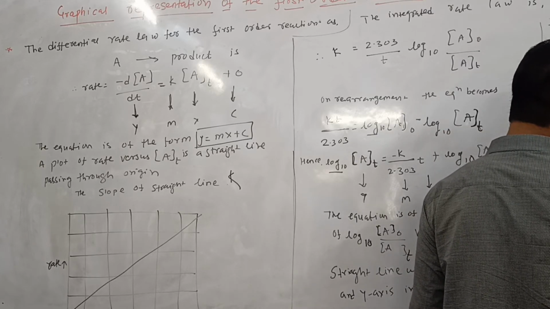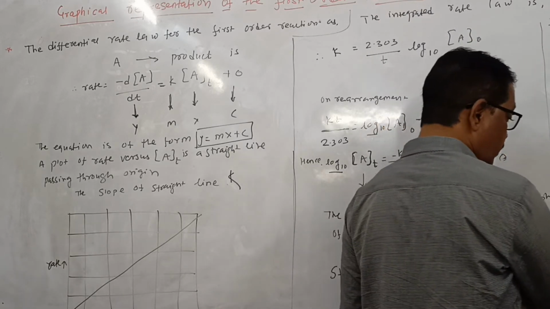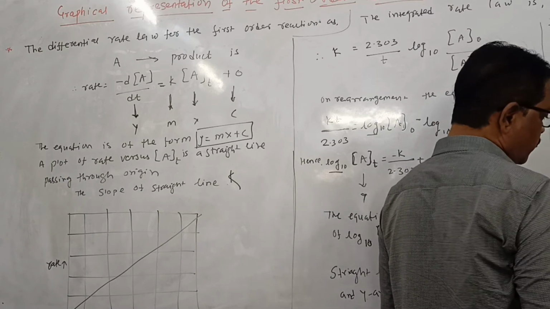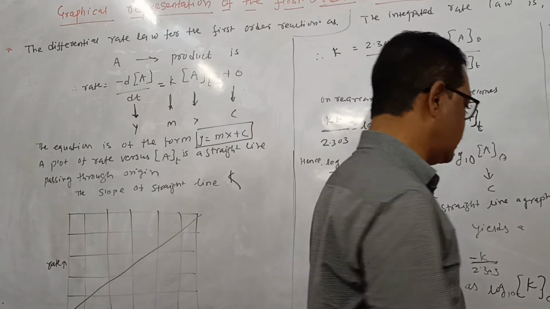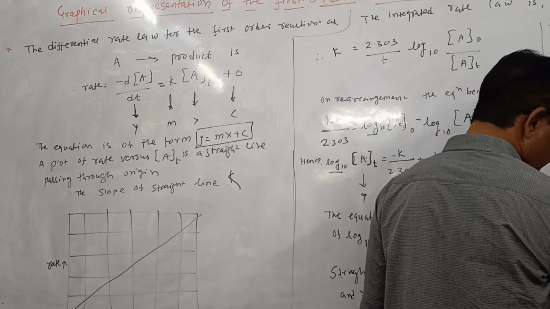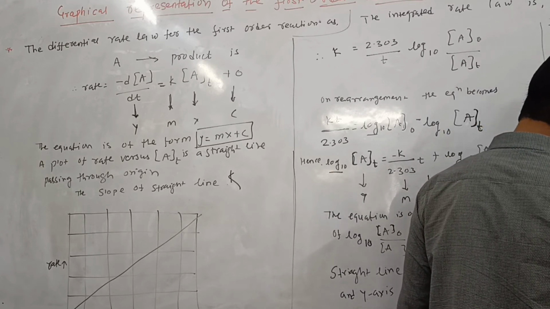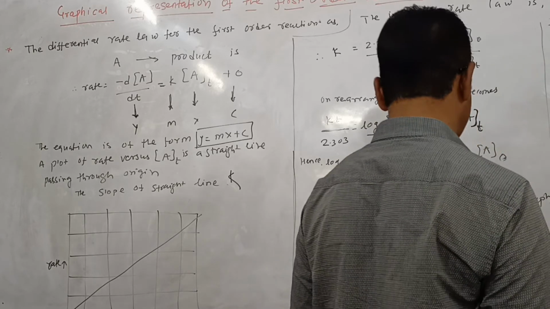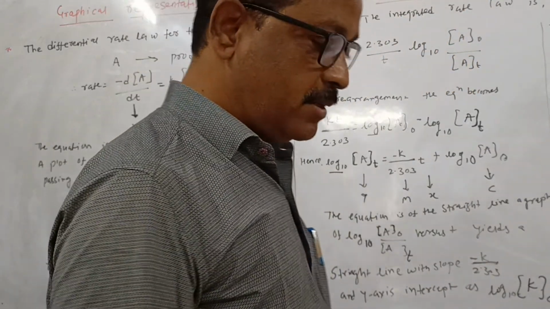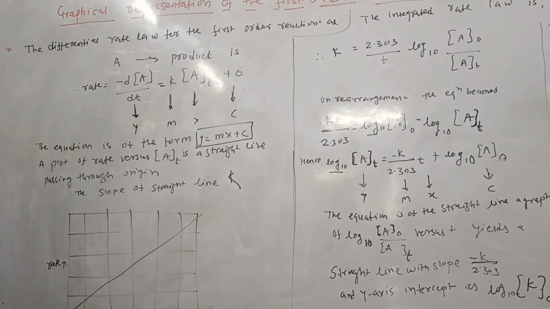Then second example, N2O5 gives formation of 4NO2 plus O2, a first order reaction, therefore rate is equal to k concentration of N2O5. This is the graphical representation of first order reaction.